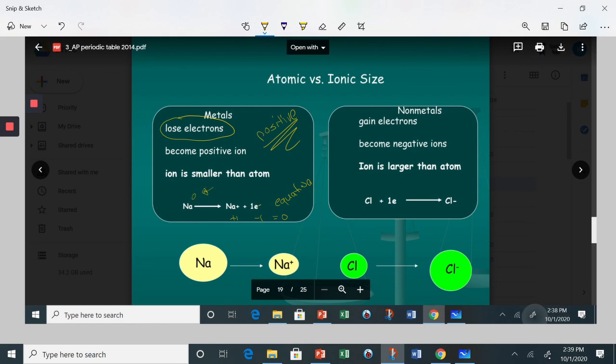When I do this, think about I'm losing something. If I lose something, I become smaller. And it's smaller because think about my balance. More P than E. So the protons pull the electrons in.